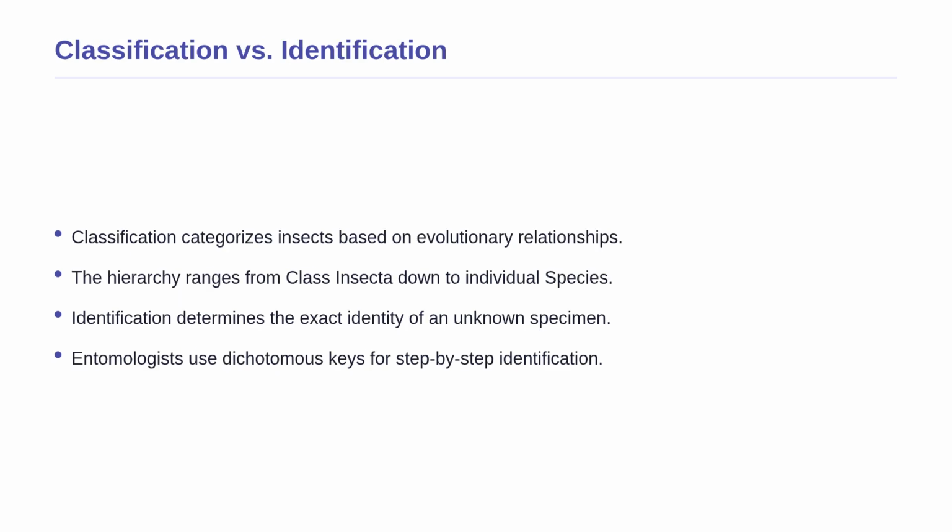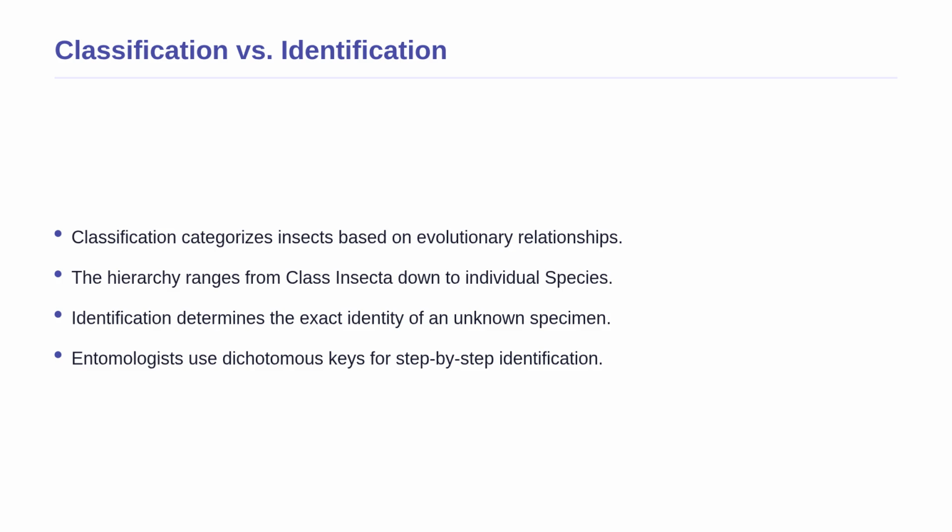Now that we understand the need for a system, let us look at how it actually works. In biology, this sorting system is called classification. It is the formal scientific process of categorizing insects into a hierarchical system based on their evolutionary relationships and shared physical traits.